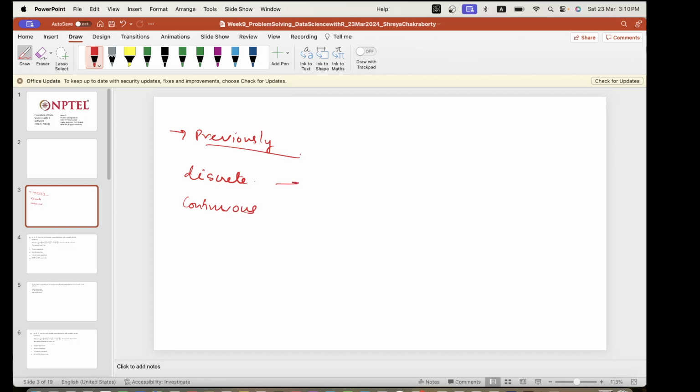In discrete we learnt about binomial, Poisson, and geometric. We also learnt about discrete uniform, and there are a few others which we did not go into details.